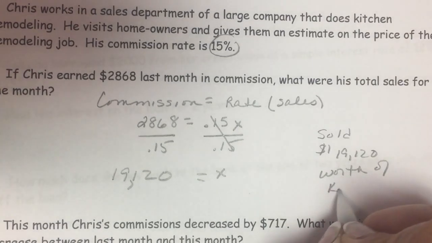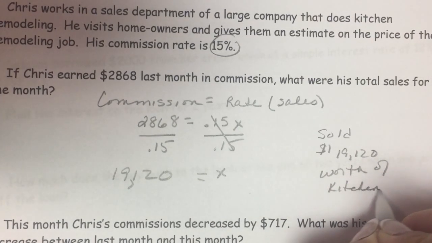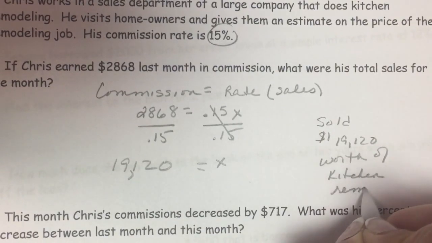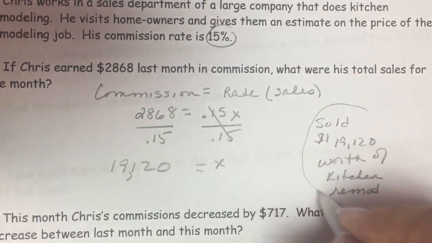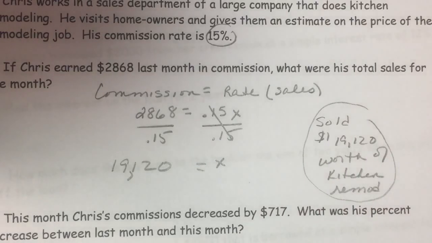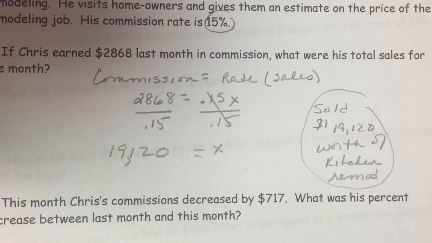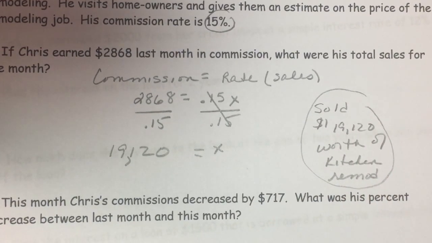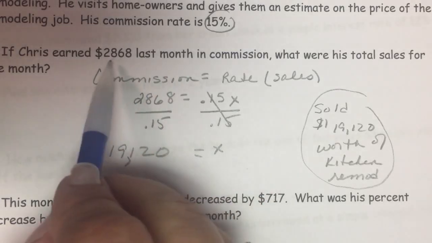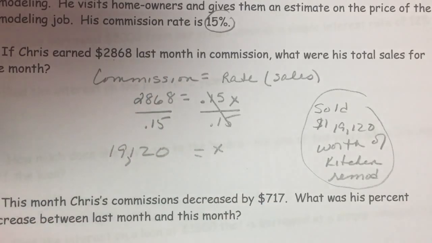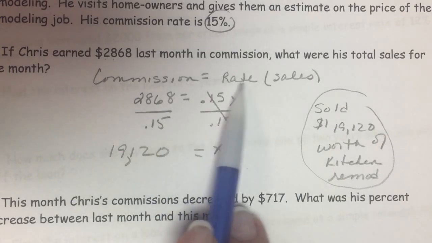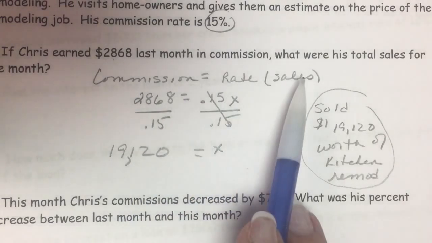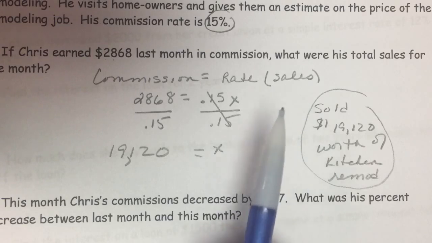Kitchen supplies or remodeling. So he sold $19,120, but he earned, because of his commission, almost $2,900. So please know that formula. Commission equals rate times the sales.